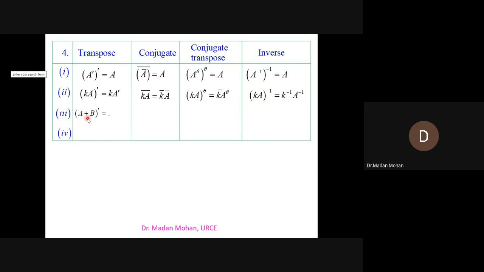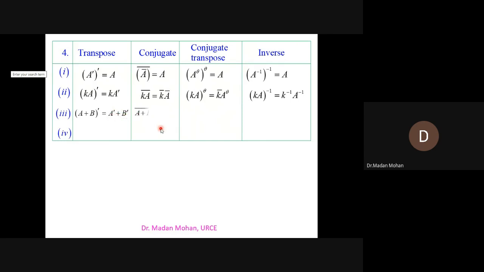A plus B whole transpose equals A transpose plus B transpose. Or in other words, transpose of a sum of matrices is the sum of transposes. In words, the transpose of a sum of matrices is the same as the sum of transposes.